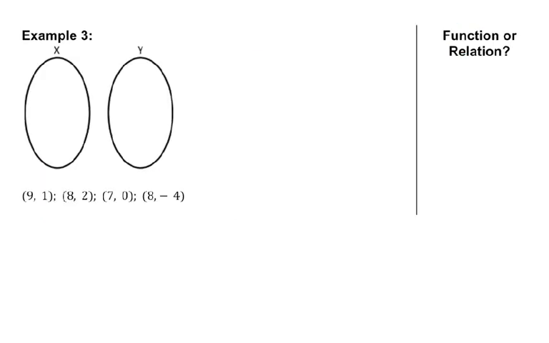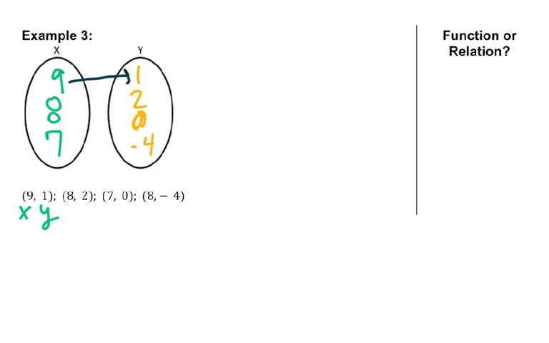All right, so now we have some coordinate points here. So x is 9, x is 8, and x is 7 in these. And then remember, I'm going x, y like this. Our y values, we have 1, 2, 0, and -4. All right, let's draw our arrows. 9 goes to 1.